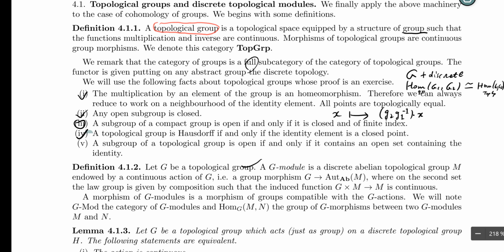This says you have a subgroup. Is it open? It is, if it contains an open set containing the identity. If you have an open set inside this subgroup, then this is an open subgroup.